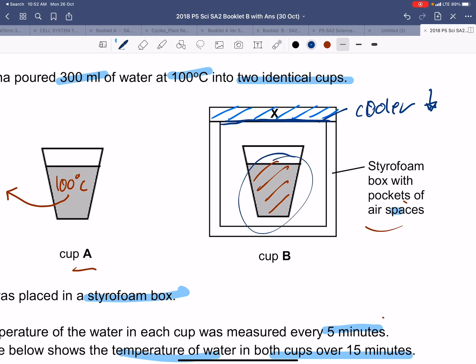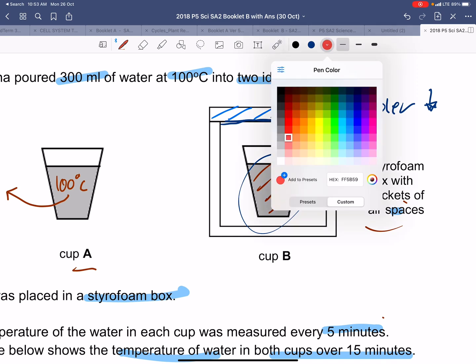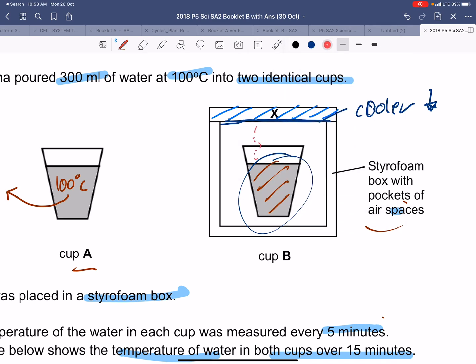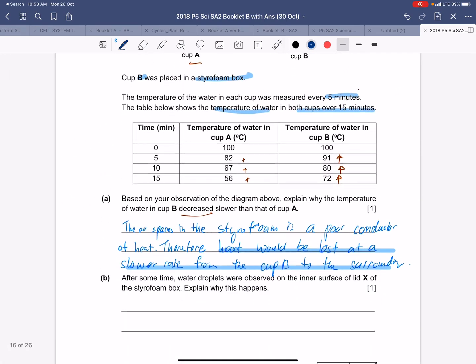So, very simply put, what actually happened is that the hot water vapor would have risen, and when it touched the cooler surface of X, it actually condensed into water droplets. Alright, so now to put that into writing, there's a few things we must always talk about.